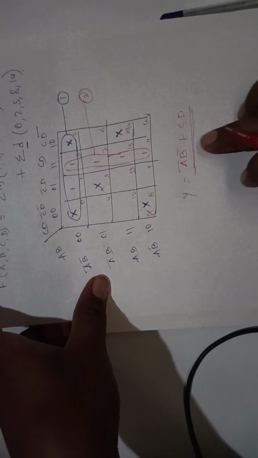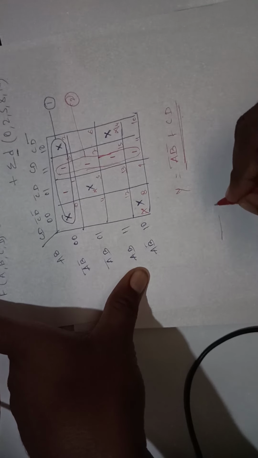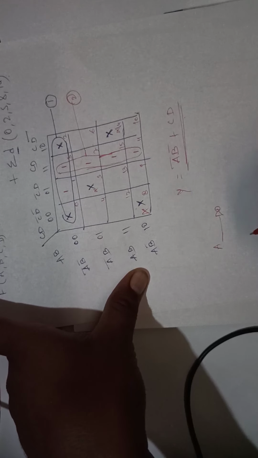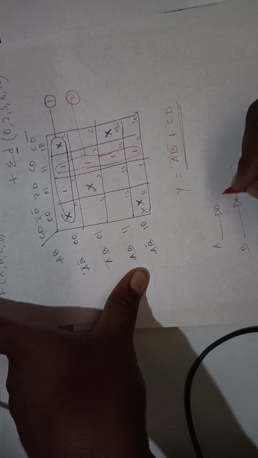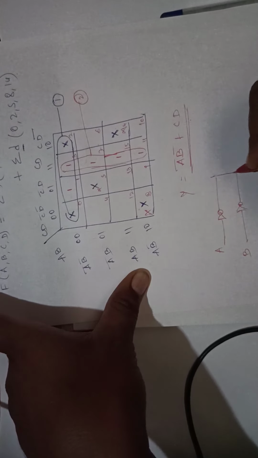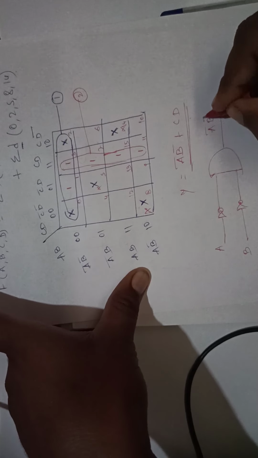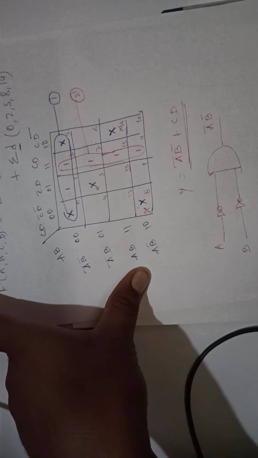Okay, now you draw the logical diagram. Here is a and b; here also you can add a NOT gate. Here is the AND gate, that is a bar b bar, and another one, c and d.